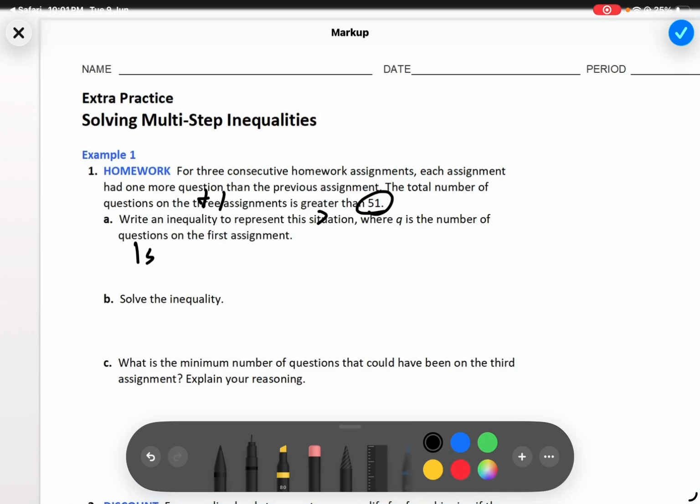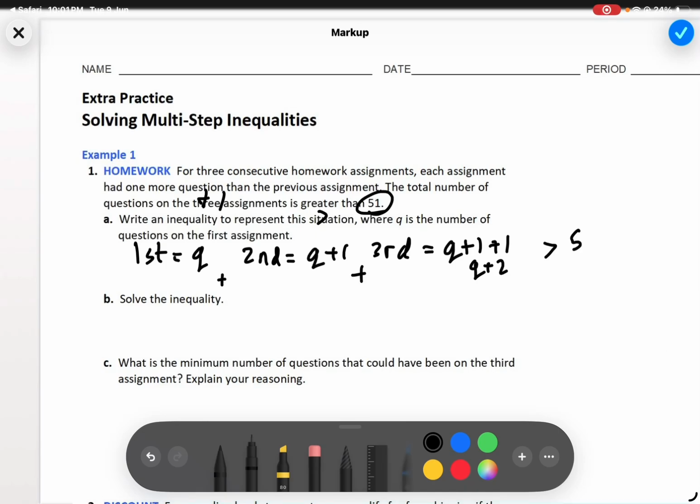So the first is equal to Q, the second is equal to Q plus 1, and the third is equal to Q plus 1 plus 1, so Q plus 2. Okay? And if you add all of these, it's greater than 51.